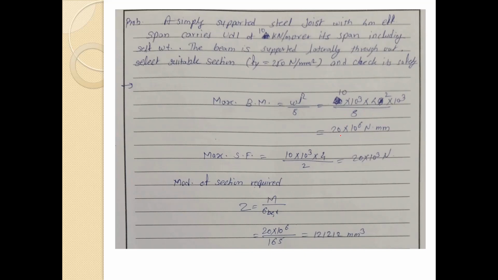So what we have is 20 into 10 raised to 6 Newton mm, and the maximum shear force is W into L by 2, that is 10 into 10 raised to 3 Newton, into 4 divided by 2, so that becomes 20 into 10 raised to 3 Newtons.